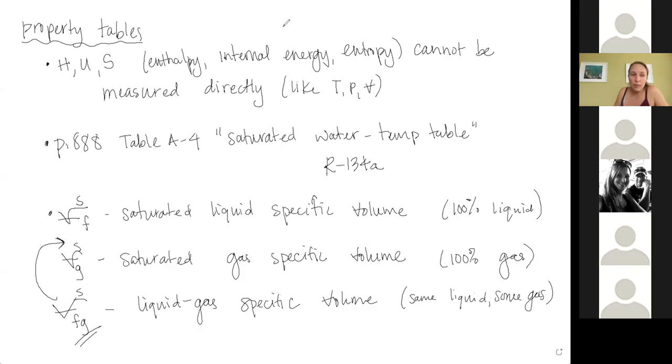If you look in the table, your v sub f and your v sub g create these bookends, and your v sub fg is going to be a value in between those. So it's going to have a little bit of liquid, a little bit of gas. You need to figure out where in between those two values it occurs, and we will look at that more in week 3. Right now, I'm really just trying to introduce you to the nomenclature so we can hit the ground running next week in chapter 3.